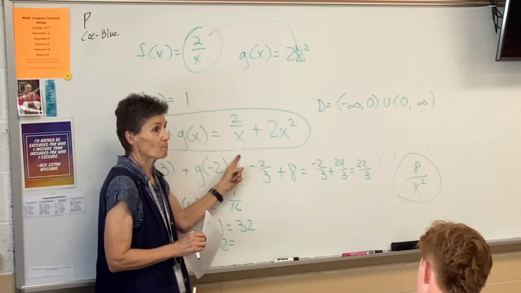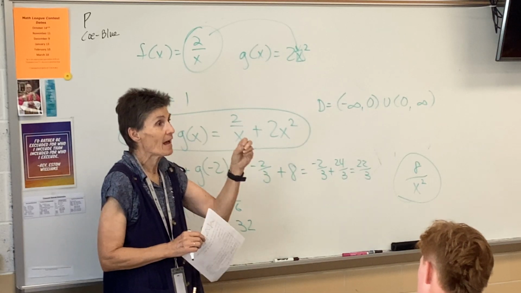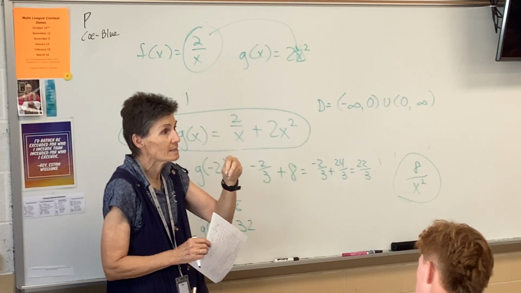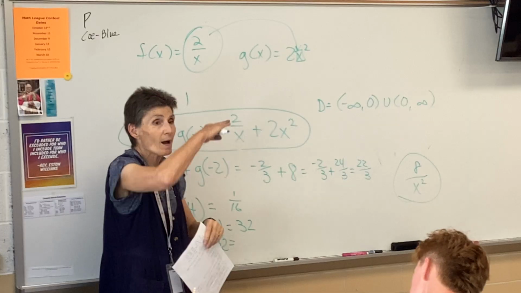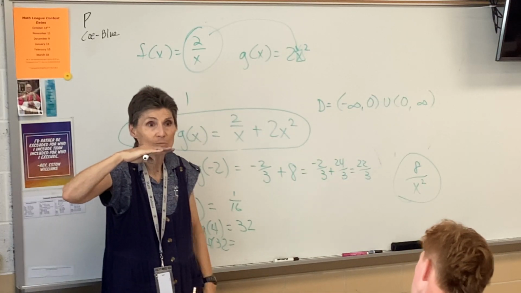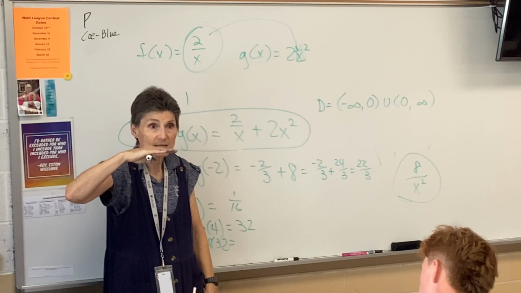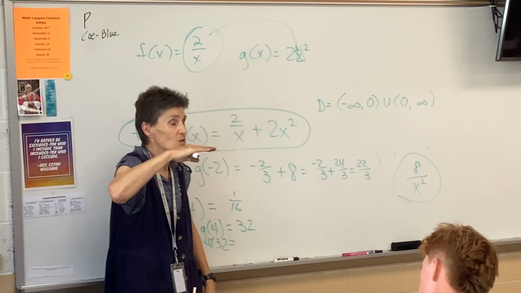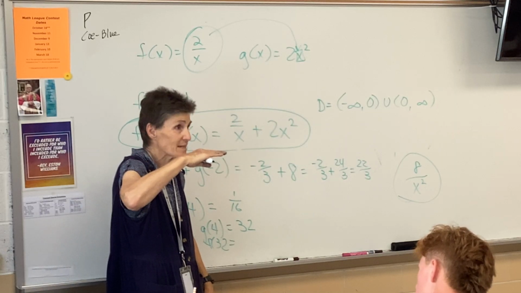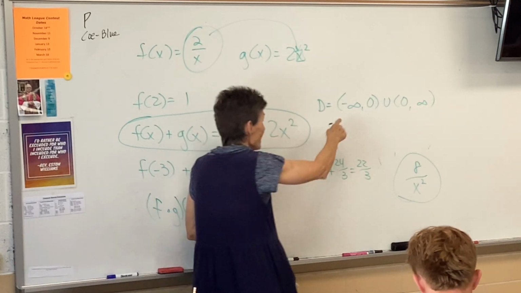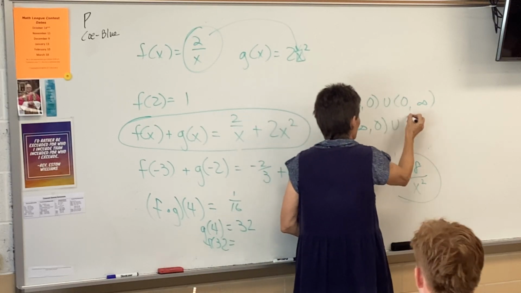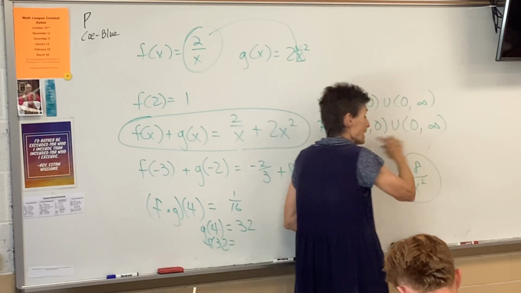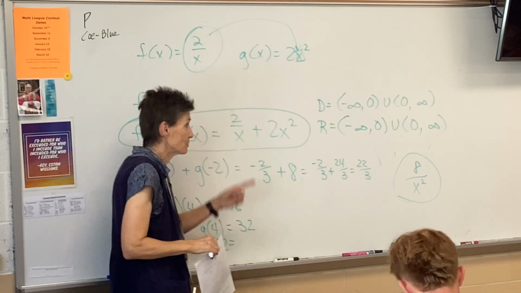So when the biggest power is in the bottom, the asymptote is always 0. So you have a horizontal asymptote at 0, which means what? Y can't be 0. So your range is the same thing. That's an A student problem. The A students are going to get that.